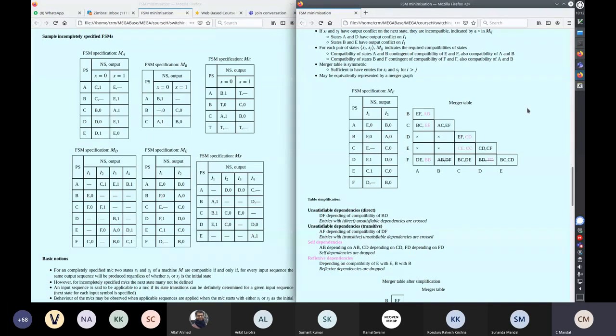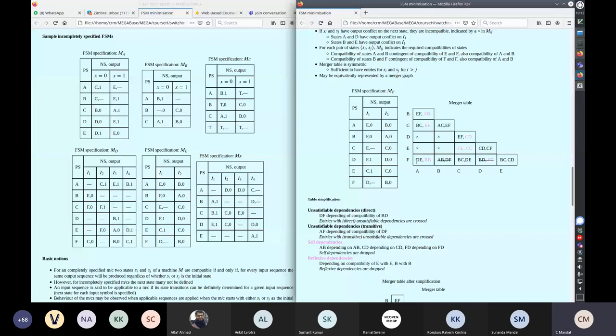Now let us see the compatibility of A and B. Let us say you want to check whether A and B are compatible. For A and B to be compatible, this is their input alphabet. I1 and I2 are symbols from your input alphabet. So the I1 successor and I2 successor should also be compatible.